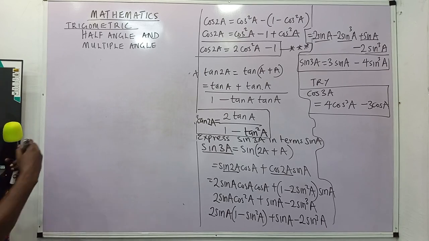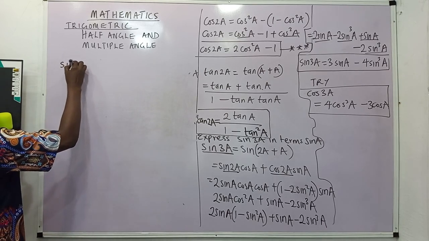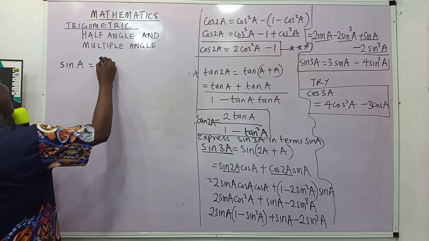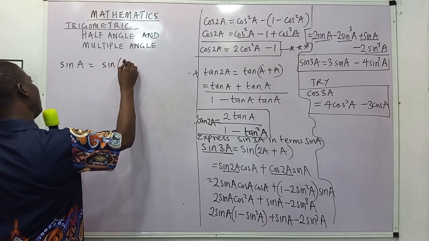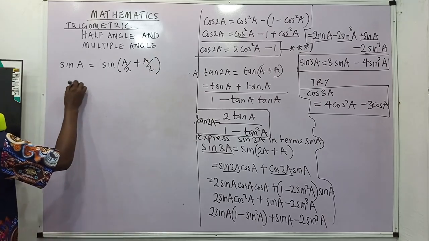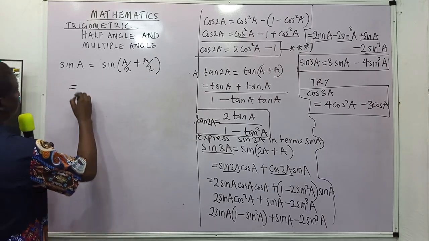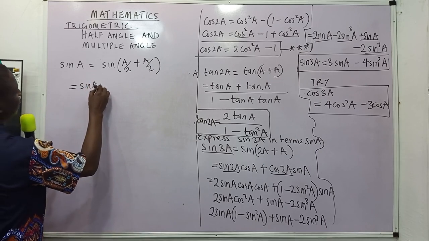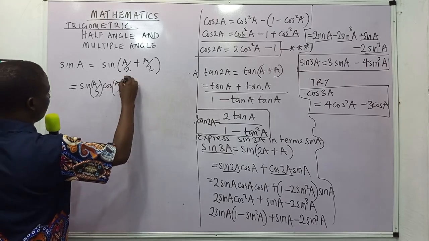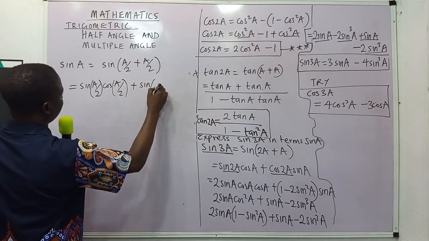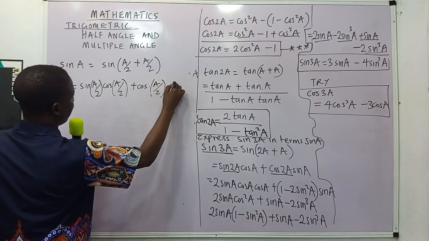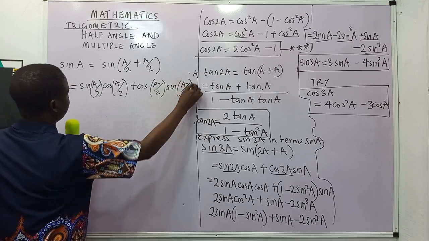Now, let's take sine A. Sine A is the same thing as sine of A over 2 plus A over 2. So in that case, if you do it well, we're going to have sine A over 2 cos A over 2 plus cos A over 2 sine A over 2.